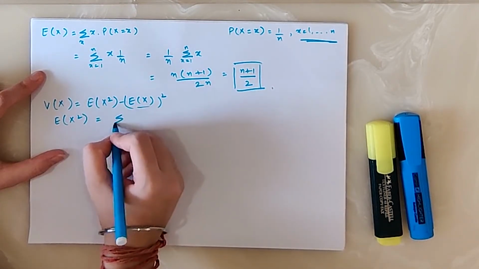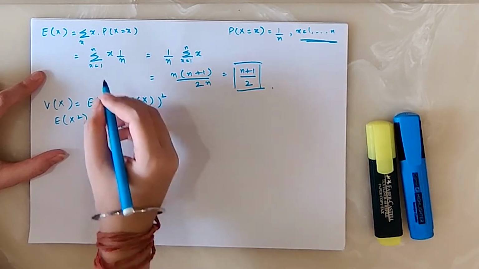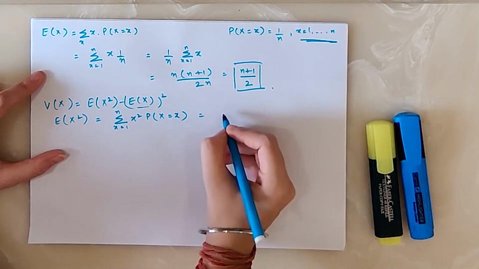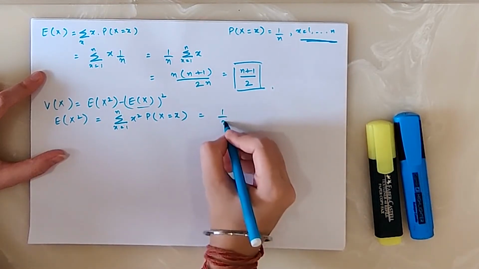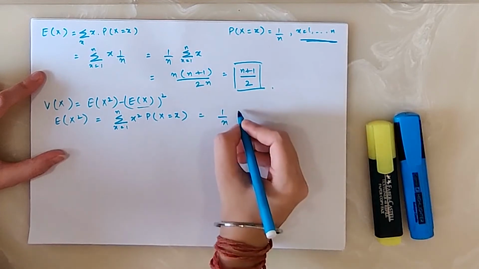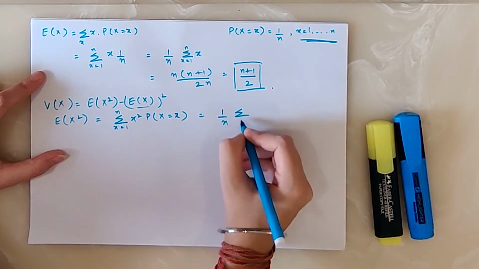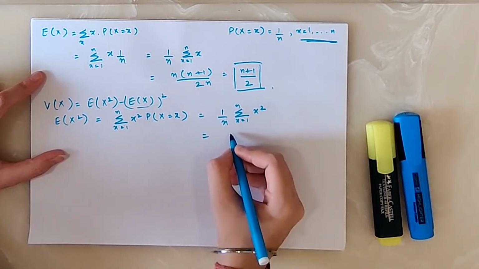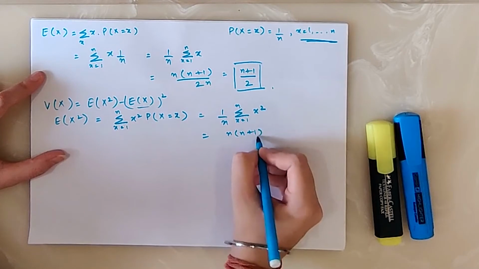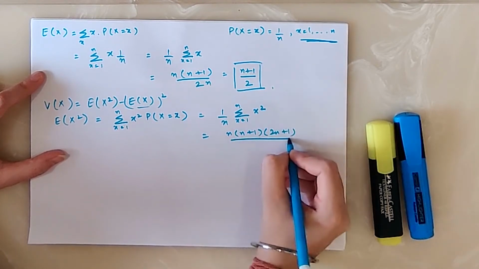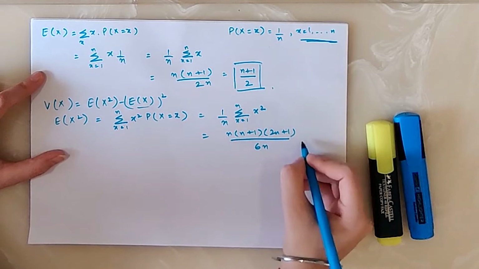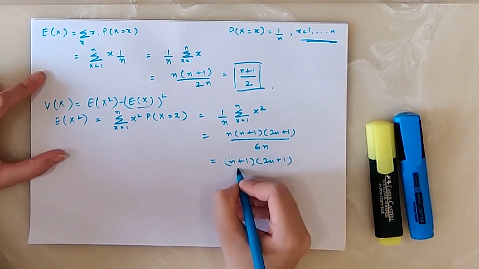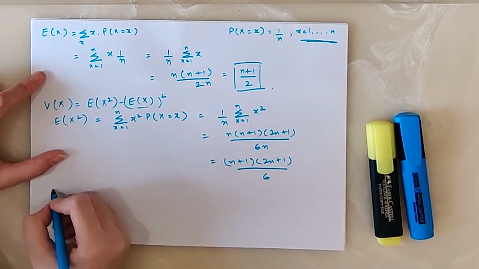Expectation of X squared is given by summation x = 1 till n of x squared into probability X = x, which is 1 by n, taking the constant out, summation x = 1 till n of x squared. Now summation of x squared is given by n into n plus 1 into 2n plus 1 by 6, and then we have n. So this is equal to n plus 1 into 2n plus 1 by 6.